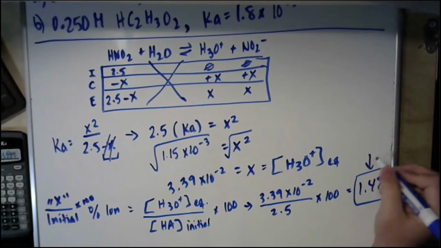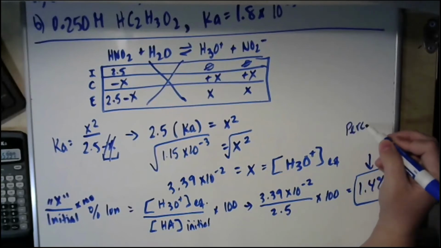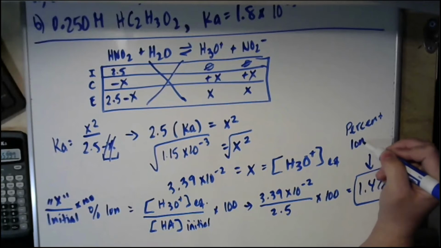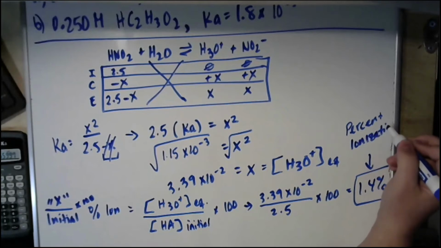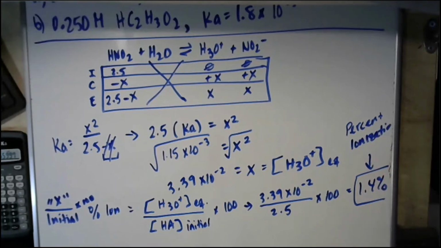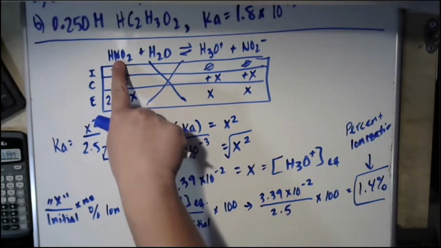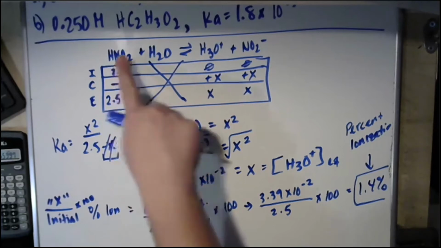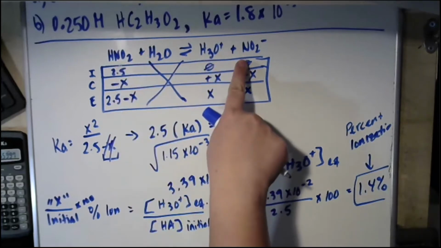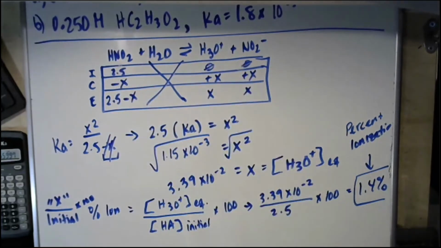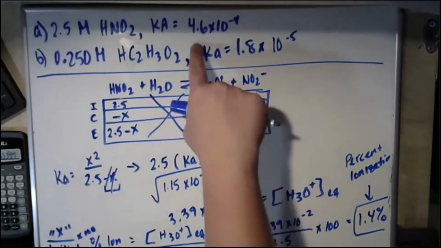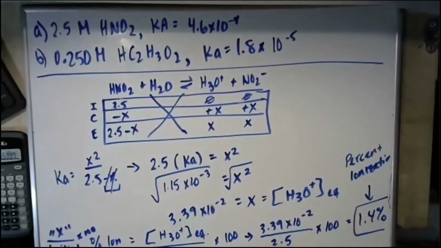So this right here is our percent ionization. And all that means is what percent of our original weak acid actually formed ions. And we would expect, with Ka values that are very small, that our percent ionization would also be very small.